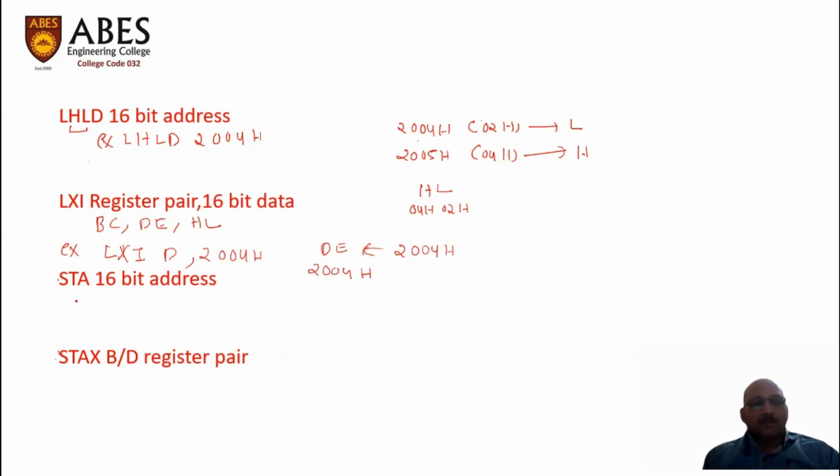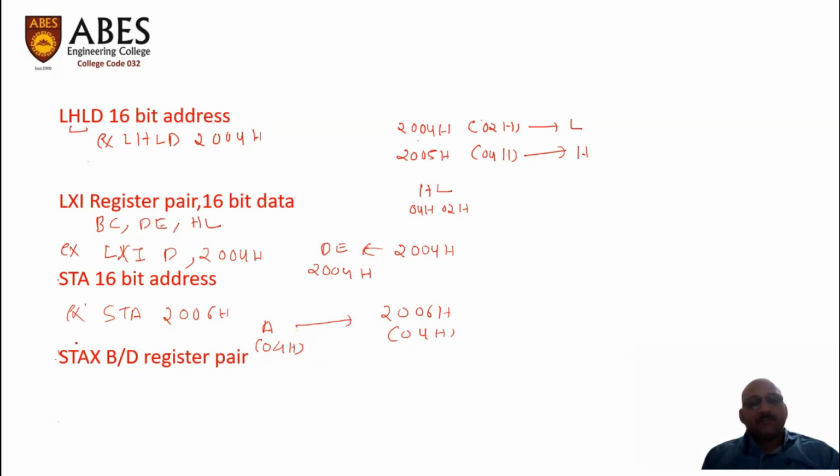If I take an example, STA 2006, it will store the content of the accumulator. For example, if the accumulator has 04H, it will move to the corresponding memory location, and that memory location will be 04H. So it is moving the content of the accumulator to the given memory.